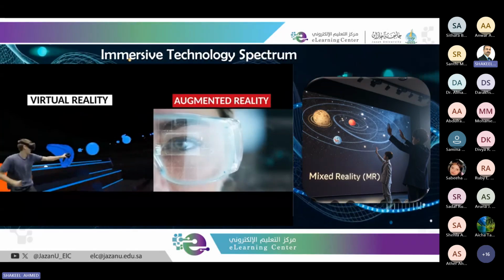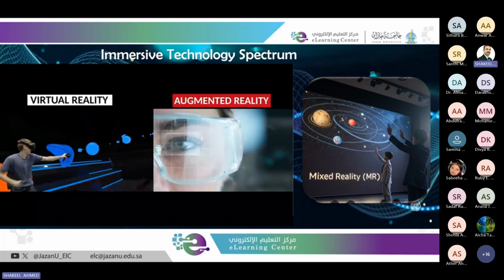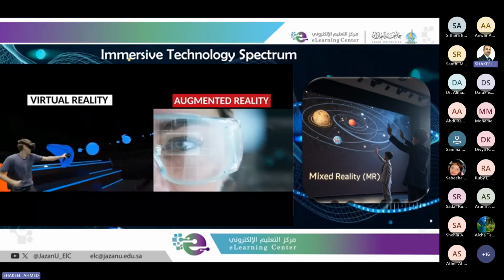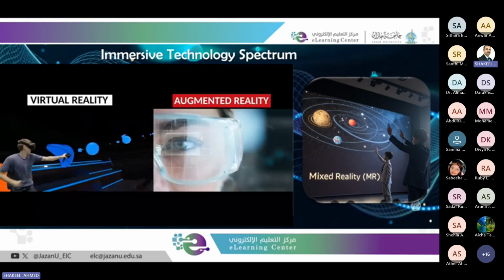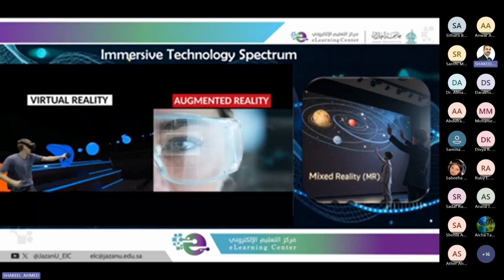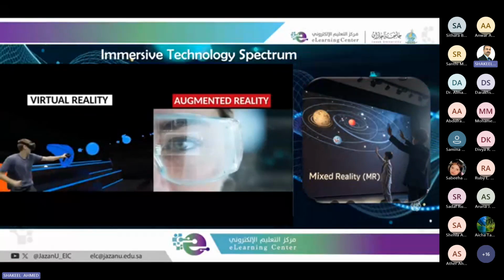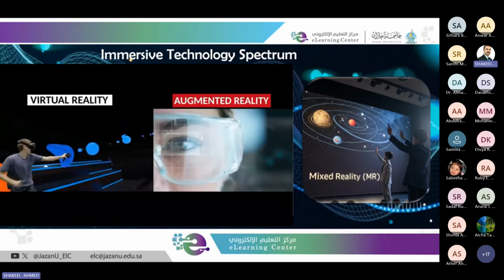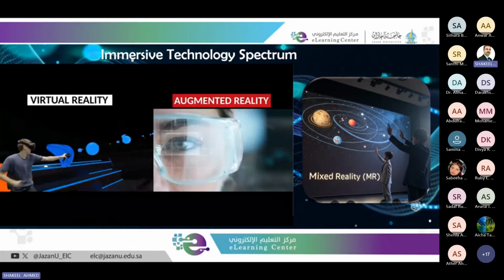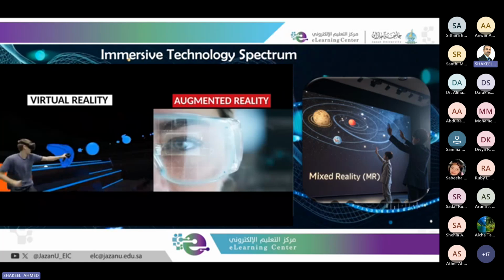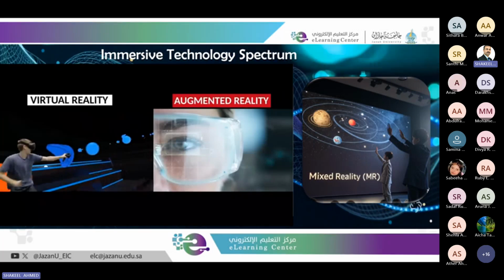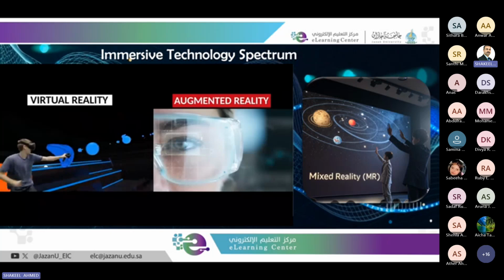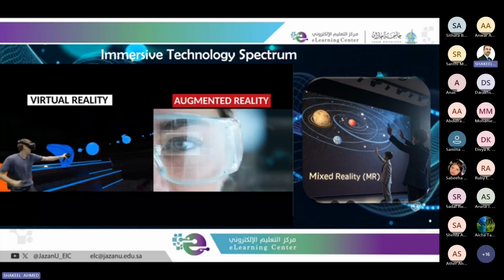I got an idea that you have developed an understanding of the difference between AR and VR. In the coming slides, you will learn more about these two spectrums, and we will also add one midway that is mixed reality, where virtual and augmented reality are merged together, bringing more fun in education and in the real world as well.